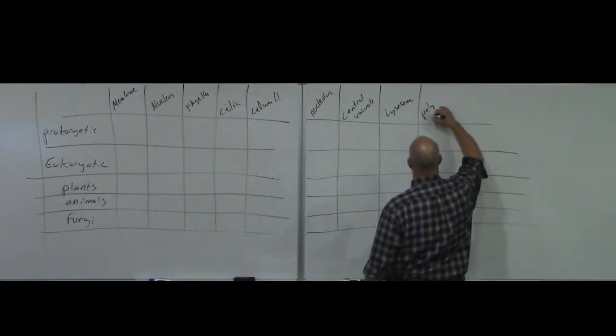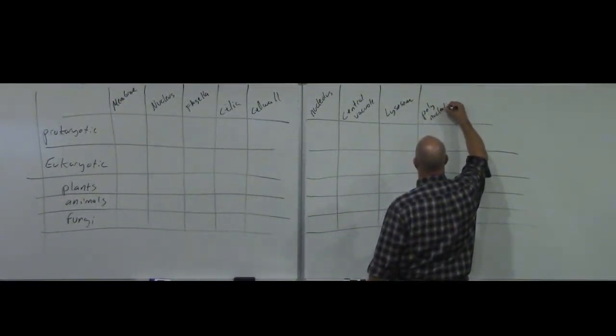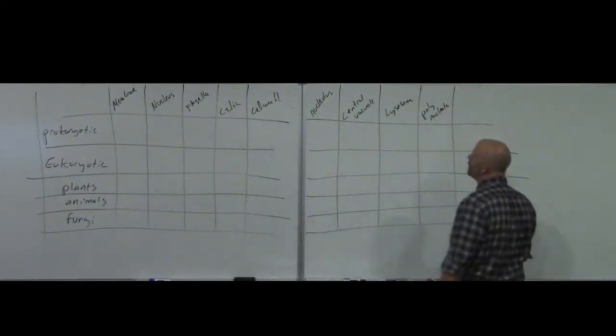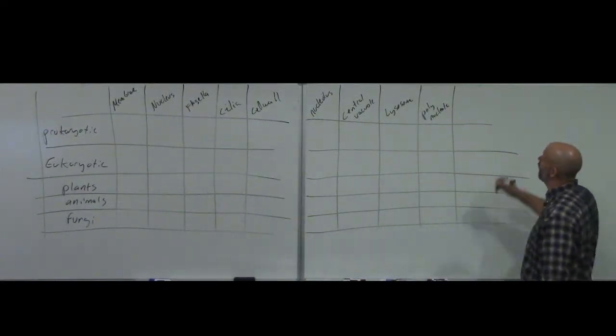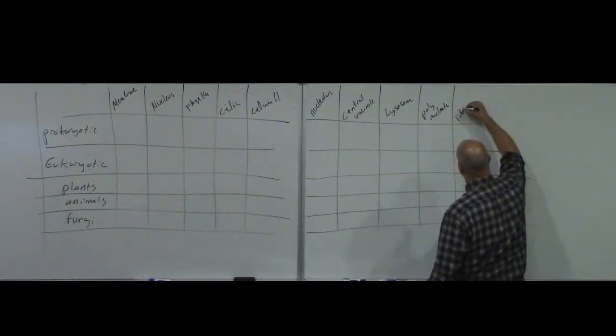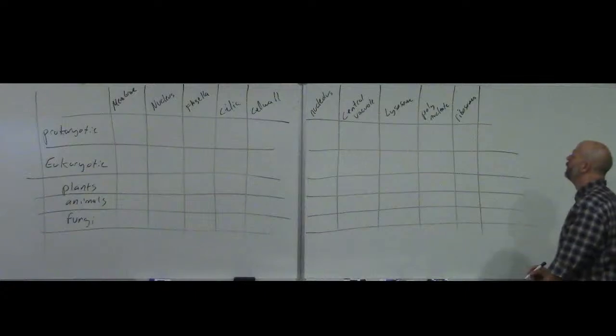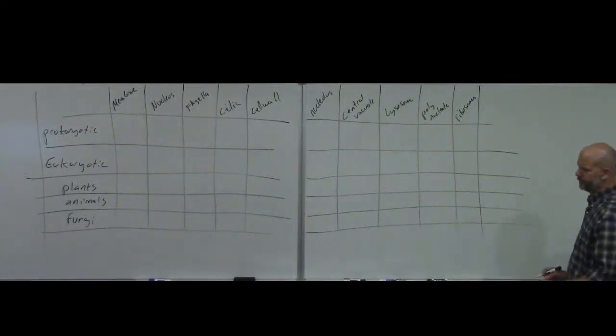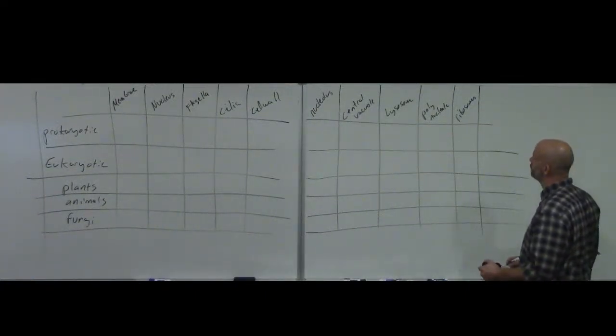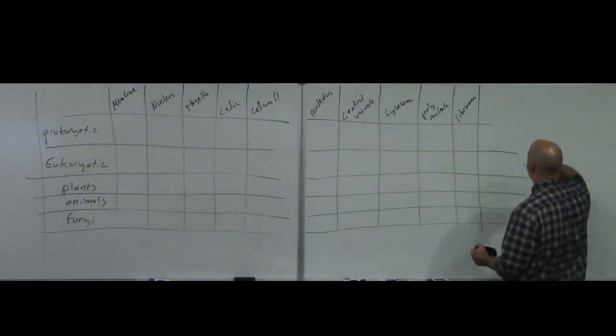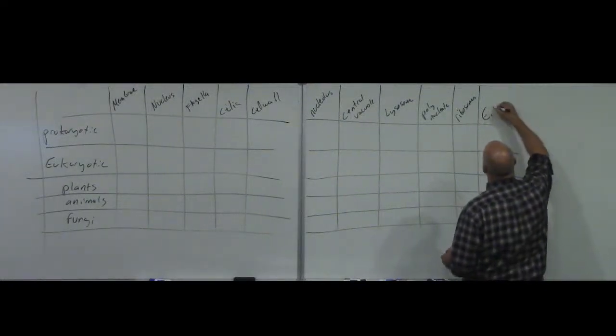Polynucleus. What am I missing? Ribosomes. What else are we missing, gang? Endoplasmic reticulum.